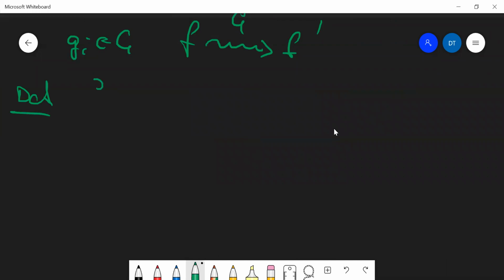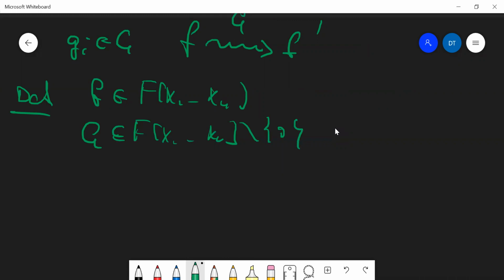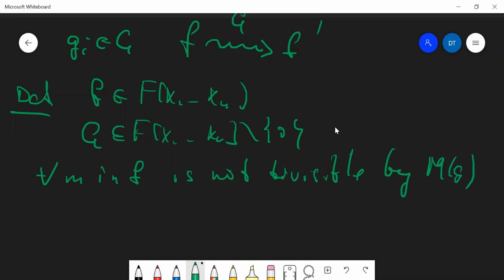If f is a polynomial, and G is a set of polynomials, and you cannot reduce f by any polynomial in G, well, this means that any monomial m in f is not divisible by leading monomials of polynomials from G. Then f is called a remainder.